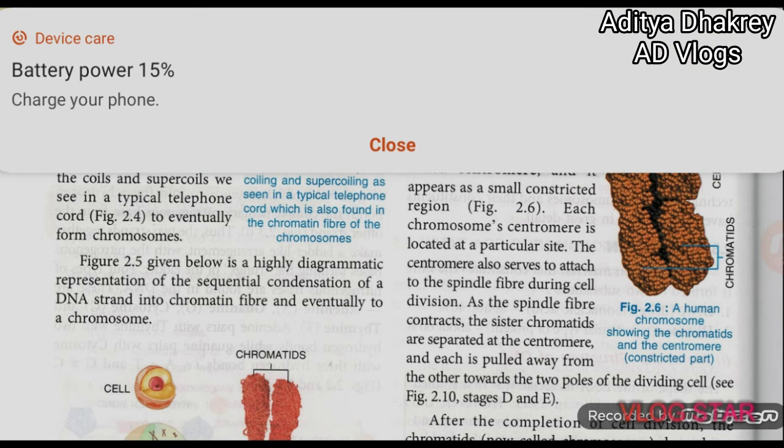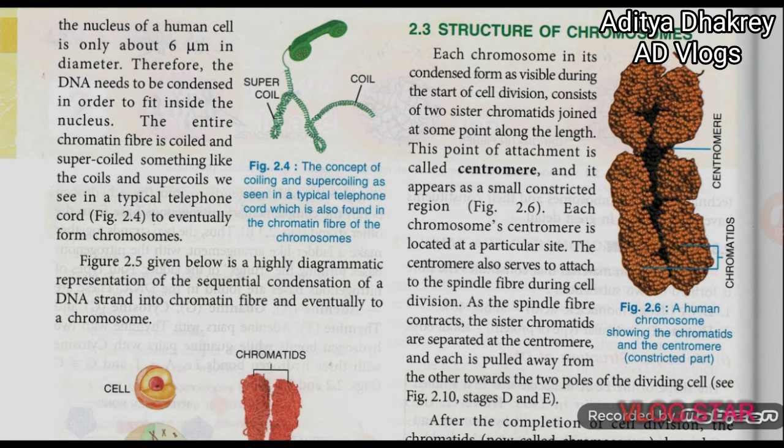The centromere is located at a particular site on each chromosome. The centromere also serves to attach to the spindle fiber during cell division. As the spindle fibers contract, the sister chromatids are separated at the centromere, and each is pulled away from the other towards the 2 poles of the dividing cell.